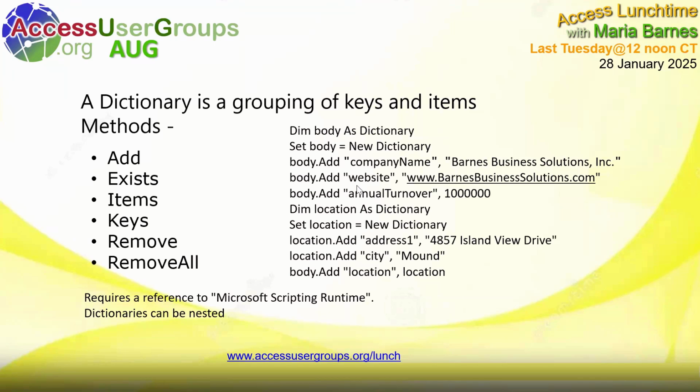And you can add different types of keys and items. For example, this first add is a string. The second add is technically a string, but it's really a website link. And then the third add is a number. And then there are other methods that you can use for a dictionary.